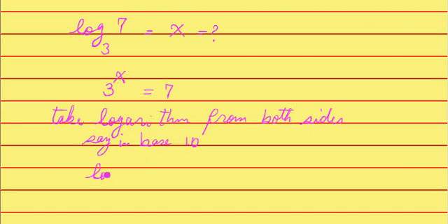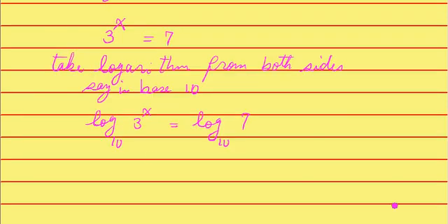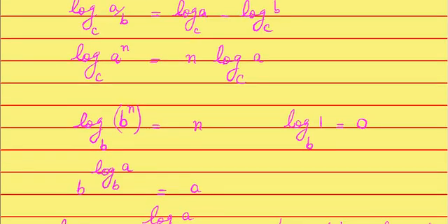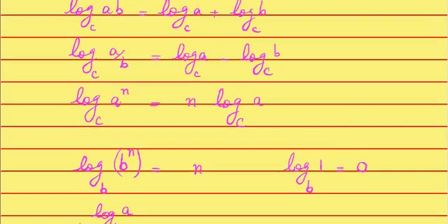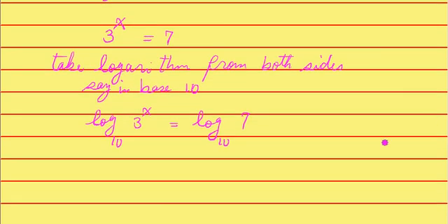So I will be using logarithm base 10 of the left hand side, and that's going to be equal to the logarithm base 10 of the right hand side. Now we go ahead and use the following rule of exponents we learned here, that an exponent goes in front of the logarithm. So this exponent can go in front, and the formula is going to look like x times logarithm of 3 in base 10.